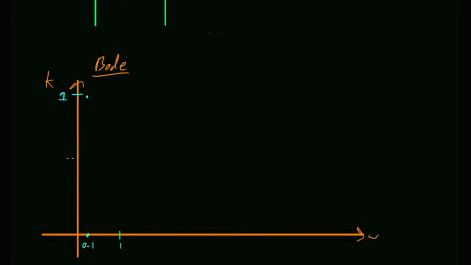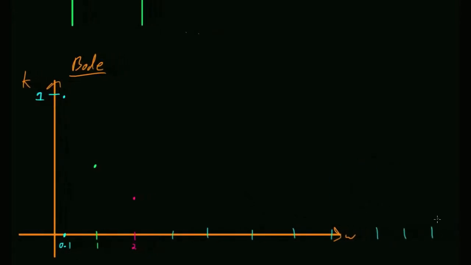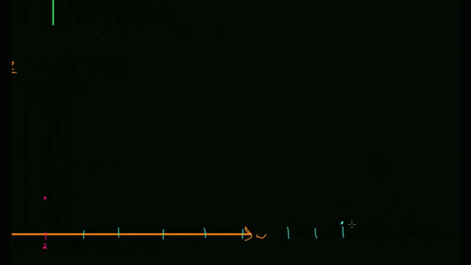Then a frequency of 2, which had an amplitude of 0.243. I'm being approximate here. Then I had a frequency of 10. Uh-oh, hold on. 3, 4, 5, 6, 7, 8, 9, 10. And that had 0.0. Oh, good grief. And then 11, 12, oh good God. Okay, that's not going to work for me, is it?